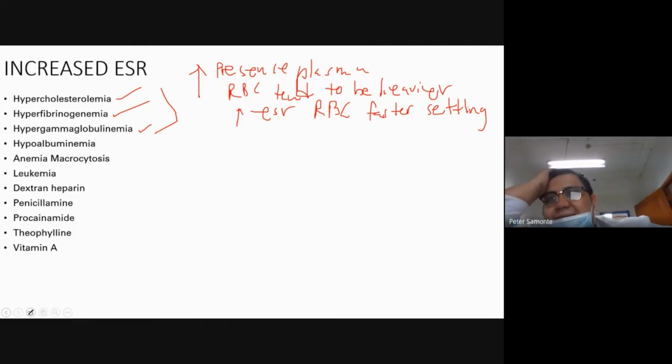So I have a question. What's the biggest protein class that could be found in your blood? Ano yung pinakamalaking protein class?